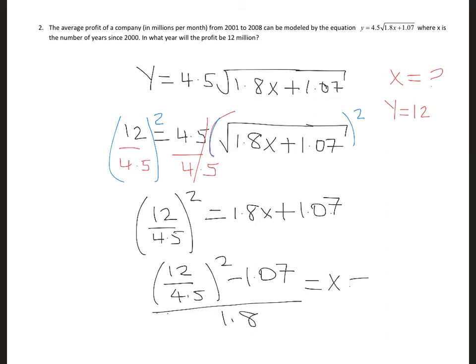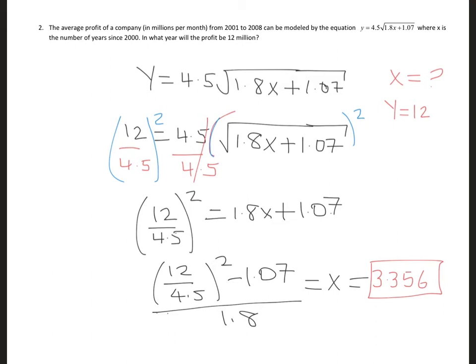And this is going to give me, when I put this in the calculator, I should get 3.356. But this is not the answer. Remember, the answer is asking me in what year. And this is about 3.35, and this is the number of years since 2000.